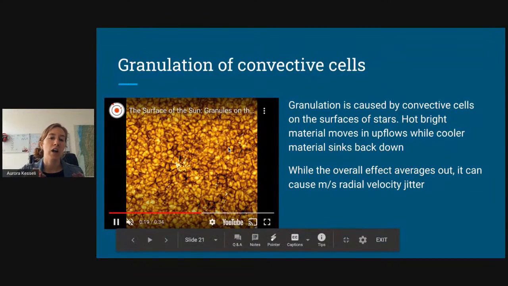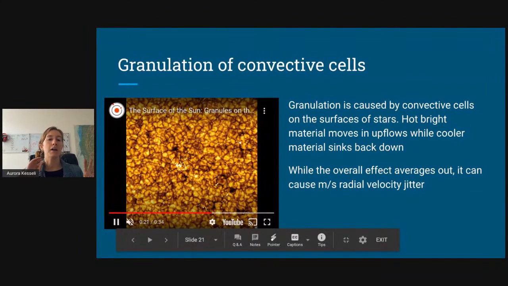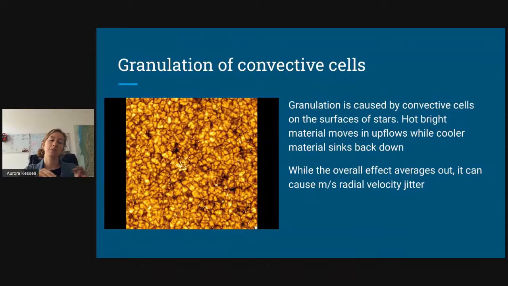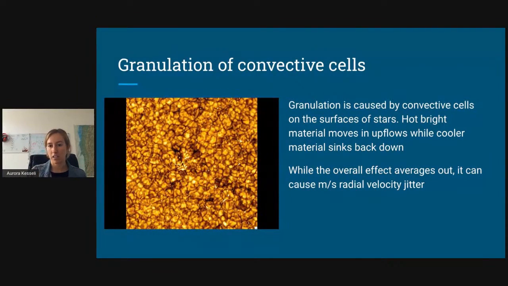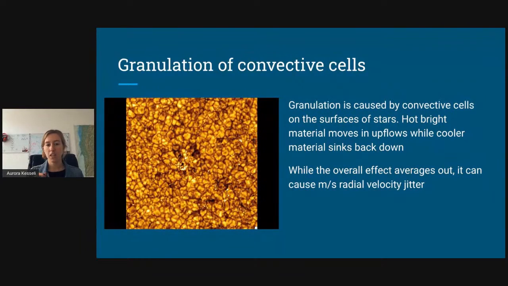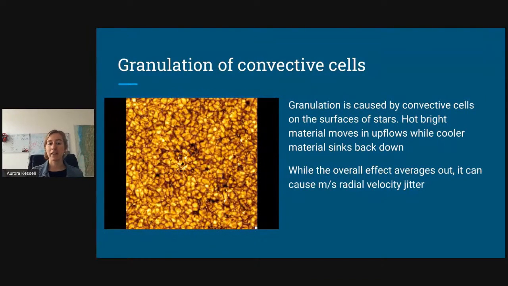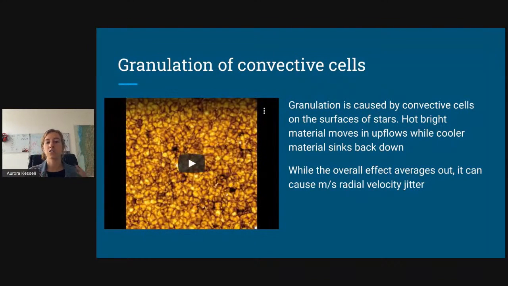Because you're having hot material coming up and moving towards us and cool material moving away from us, this causes changes in the radial velocity. And because there's so many hot cells and so many cool cells, it doesn't cause any net shifts in radial velocity, but it does cause meter per second jitter on the radial velocity over time, as we get sometimes more cells moving towards us and sometimes more cells moving away from us.